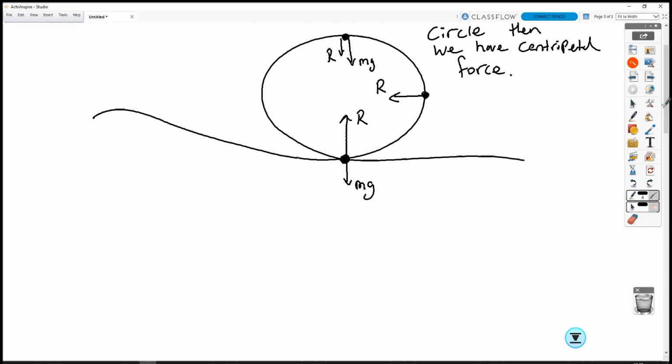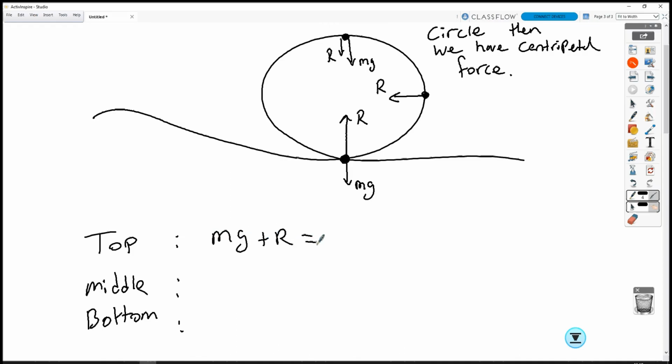So now we're going to write expressions for each of these. So we'll do the top, the middle, and the bottom. So at the top, we've got R plus mg, or mg plus R, whichever order you want to put it in, equals the centripetal force, which is mv squared over r.